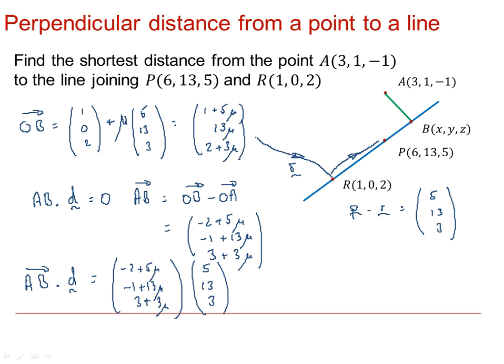If you multiply that out, you get negative 10 plus 25 mu, etc. And then that gives a long expression which you can check, which comes to give us mu is equal to 14 over 203, or 2 over 29.